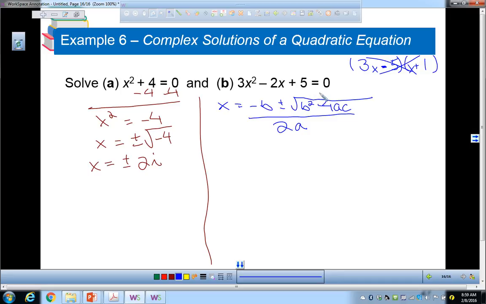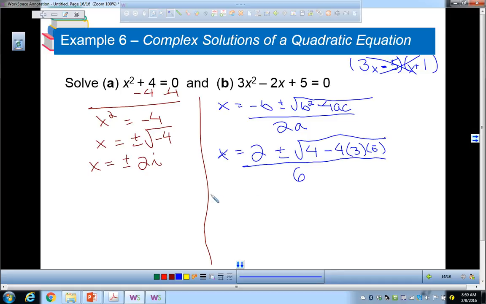Okay? And so it doesn't factor, so if you were doing this, you get x equals negative b, which is what? 2, plus or minus the square root of b squared, which is 4, minus 4 times a, which is 3, times c, which is 5, the whole thing divided by 2 times 3, which is 6.